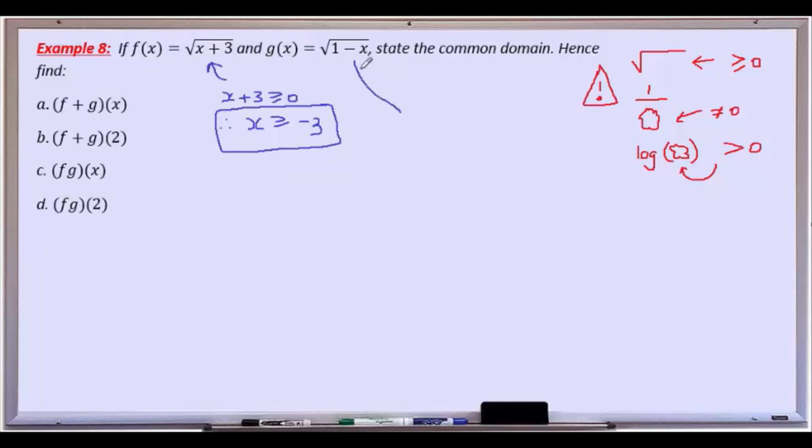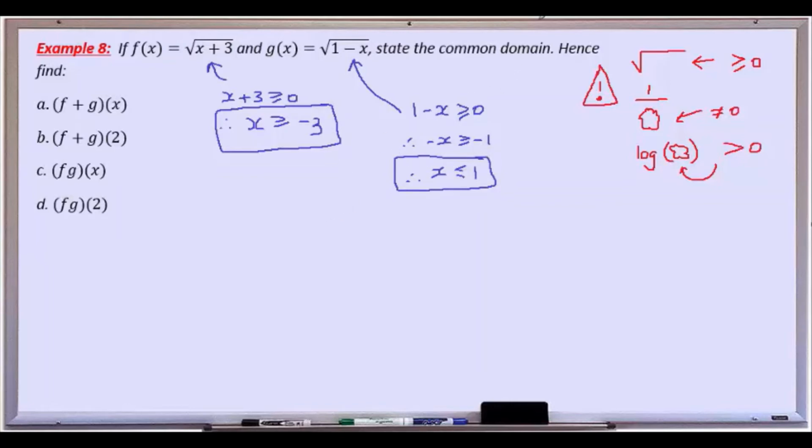Second, let's have a look at g of x. Now g of x, because of the square root again, we know 1 minus x must be greater than or equal to 0. Therefore, negative x must be greater than or equal to negative 1. And remember, if we multiply by negative 1, our inequality sign flips. So therefore, x must be less than or equal to 1. So now we know the restriction on our domain.